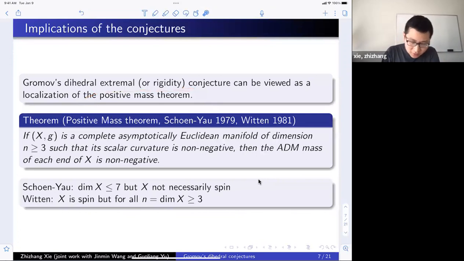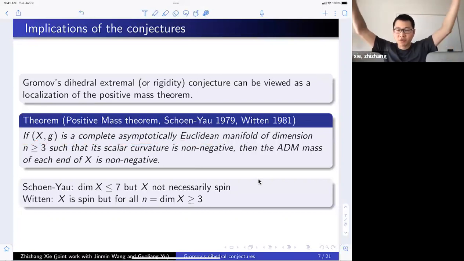Now, of course, the positive mass theorem has been proven by Schoen–Yau and Witten, which says the following: if you have a so-called complete asymptotically Euclidean manifold of dimension at least 3, where asymptotically Euclidean means this manifold at infinity looks very close to Euclidean space.